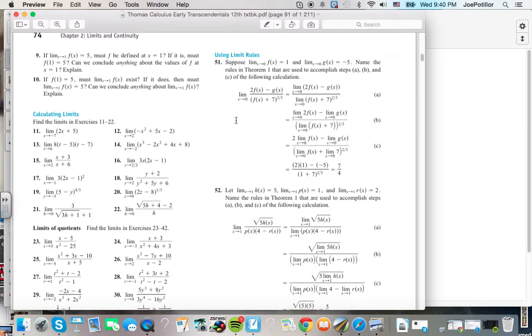So we have the limit as t approaches 6 of 8 times t minus 5 times t minus 7.